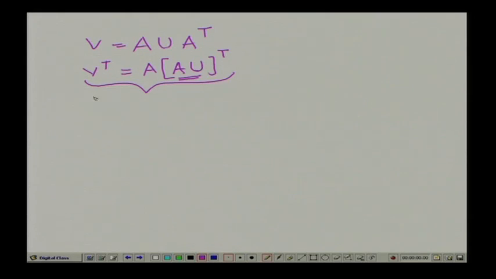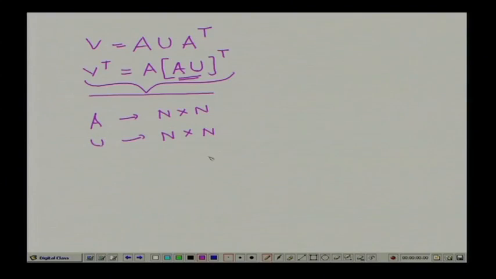Now, if I analyze this expression, A is a matrix of dimension capital N by capital N. U is also a matrix of the same dimension capital N by capital N. From matrix algebra, we know that if I want to multiply two matrices of dimension capital N by capital N, then the number of additions and multiplications that we have to do is of order capital N cube.